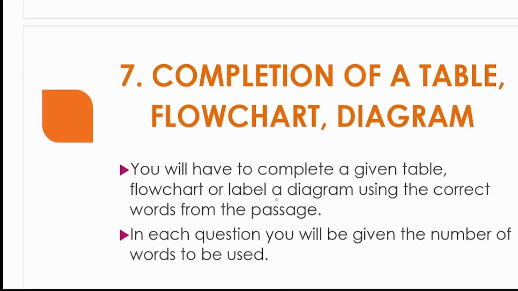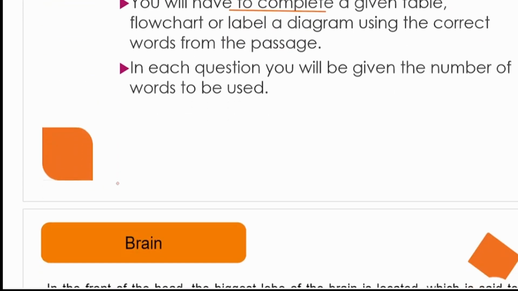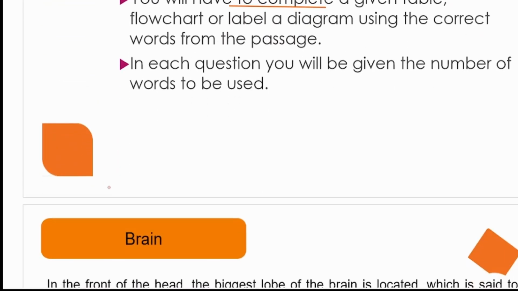The next is completion of a table or a flowchart or label a diagram. You will have to complete a given table, flowchart or label the diagram using the correct words from the passage. In each question, you will be given the number of words you have to use.